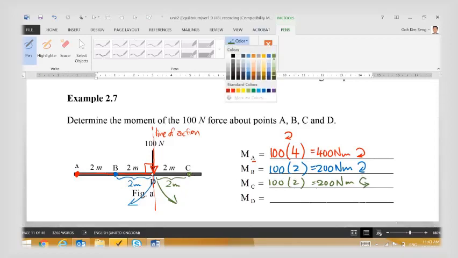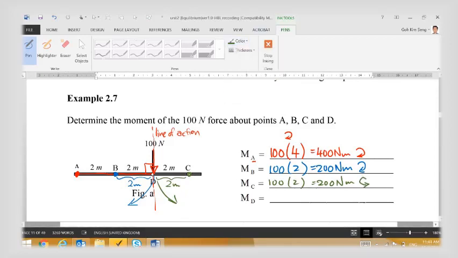Finally, let's look at one last point, which is at D. D is here. I'm deliberately making this point big. The moment of this force about this point will be equal to 0.